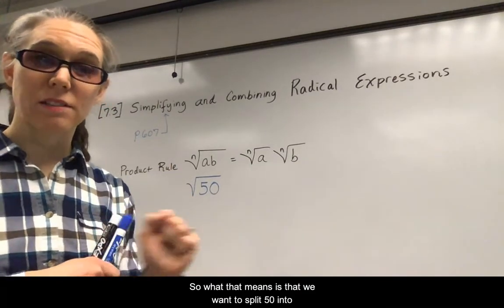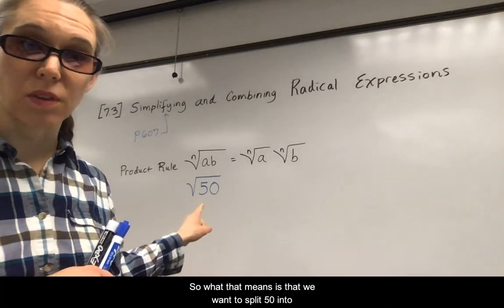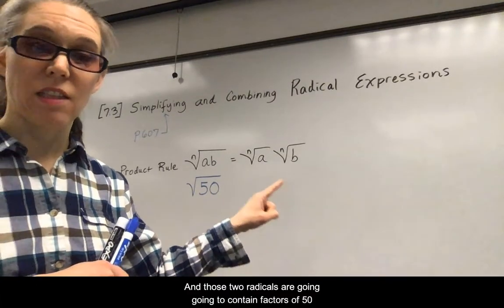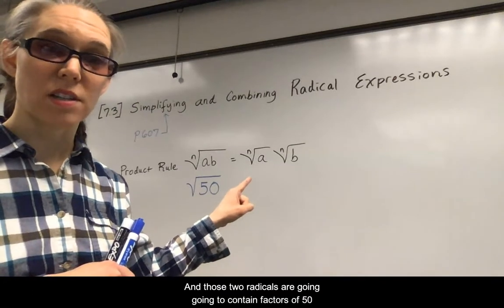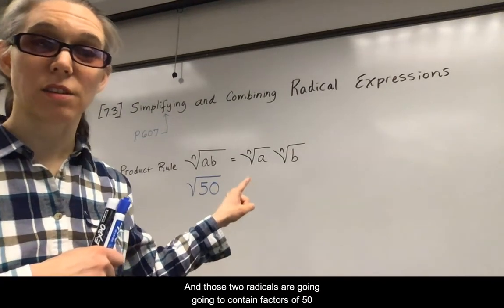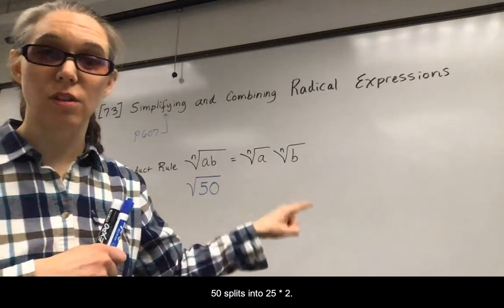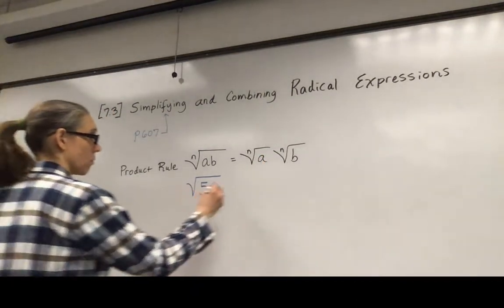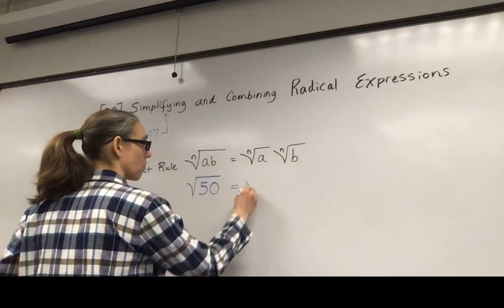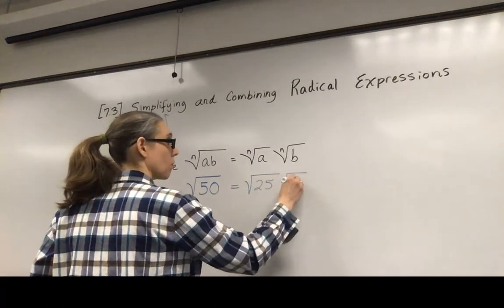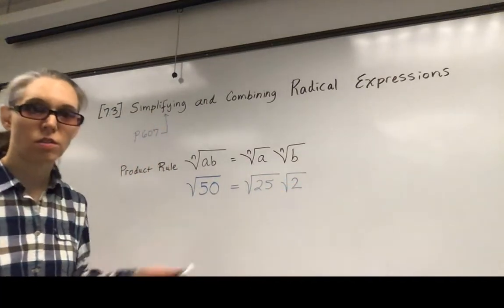So what that means is that we want to split 50 into 2 different radicals. And those 2 radicals are going to contain factors of 50. 50 splits into 25 times 2. So this is okay.